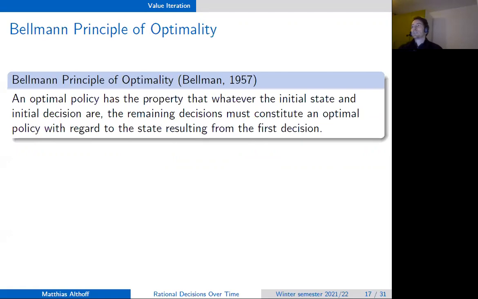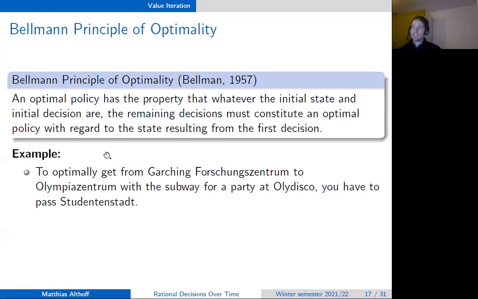Okay, so the Bellman principle of optimality simply states that an optimal policy has the property that if you go to an intermediate state of this optimal policy, then from there onwards to the goal, the optimal solution is part of the optimal solution of the entire problem. So in other words, let's say the pandemic is over and you want to go to a physical party in Olympiazentrum.